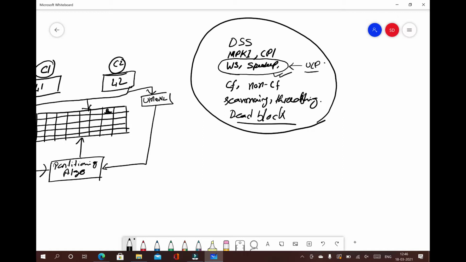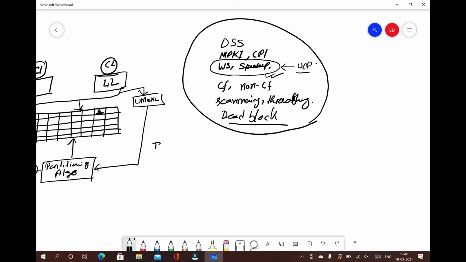But suppose at time t1 this block is accessed, then at time t2 this block is accessed again. So at this time, the block is not dead, because in future at t2 it will be accessed. And suppose the block is evicted from the cache at t10.